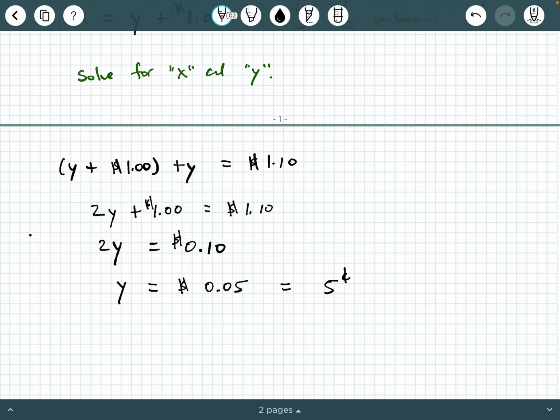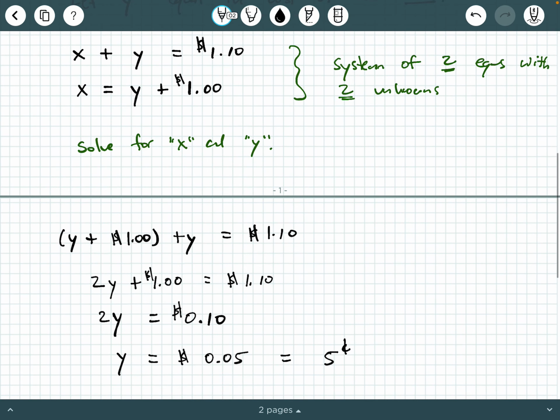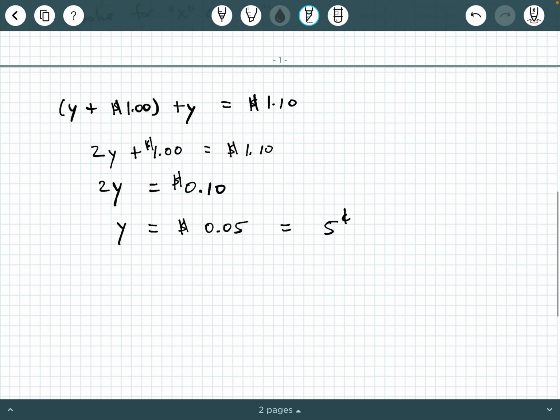And then what do you do? You substitute the value for y back into one of the previous equations. I would substitute it back into the original second equation, and so we can then get x equals $0.05 plus $1, so x equals $1.05, right?